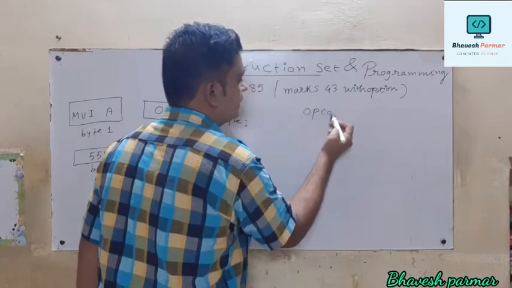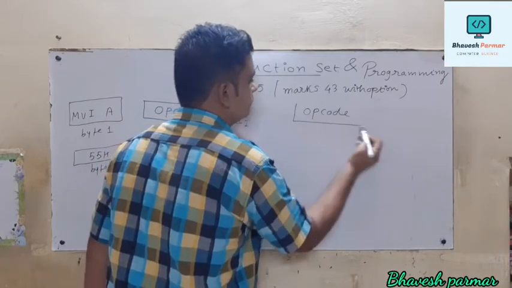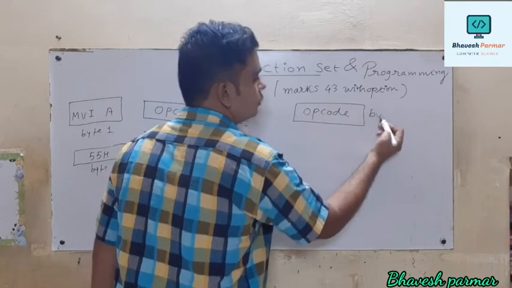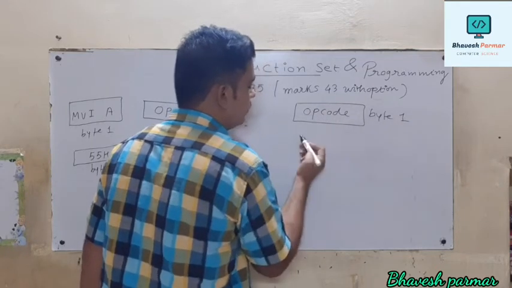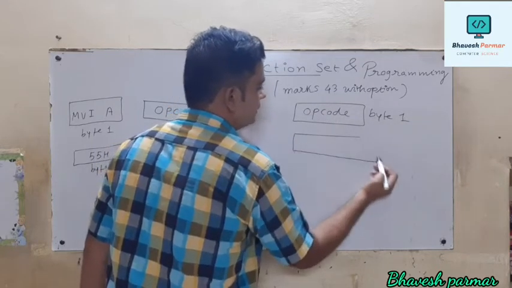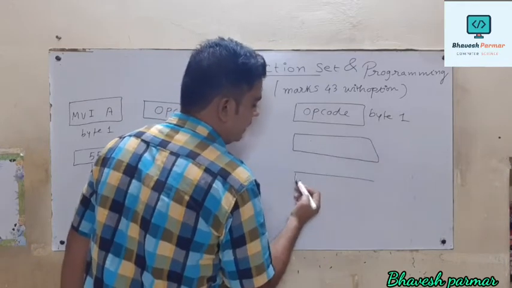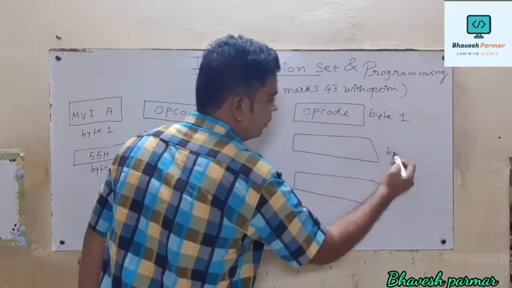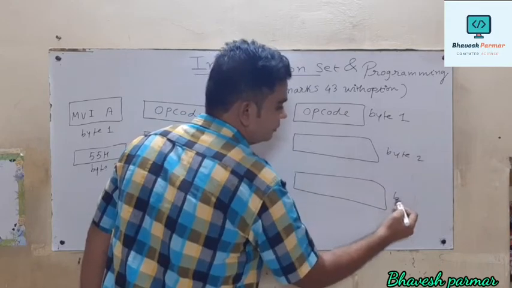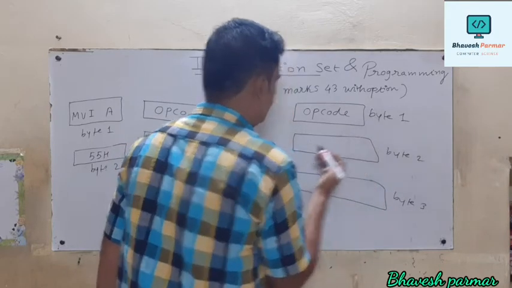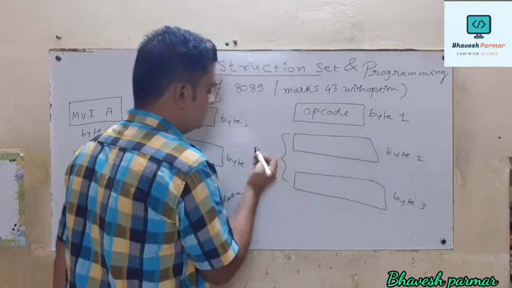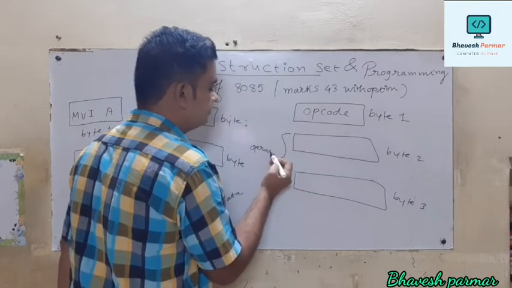So this is my opcode. This opcode is stored in my first memory block, this is my second memory block, and this is my third memory block. These are called byte 2 and byte 3, which is nothing but my operand.